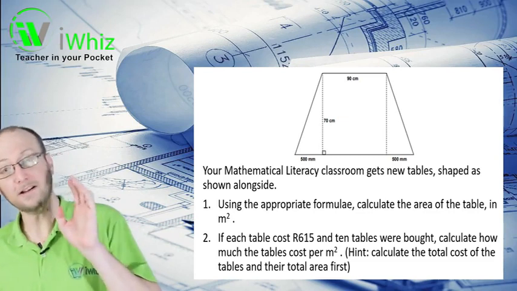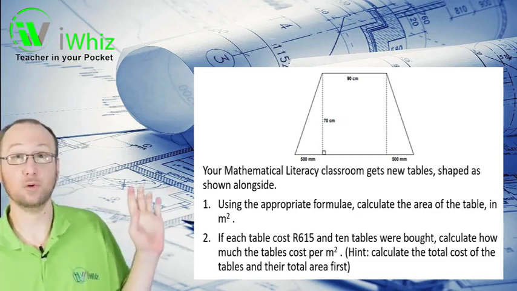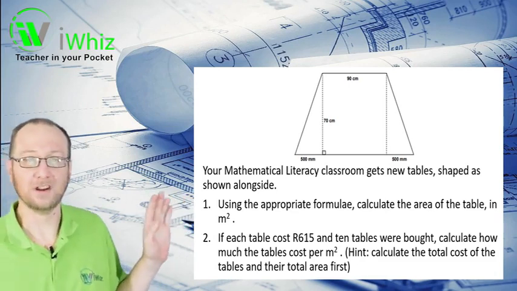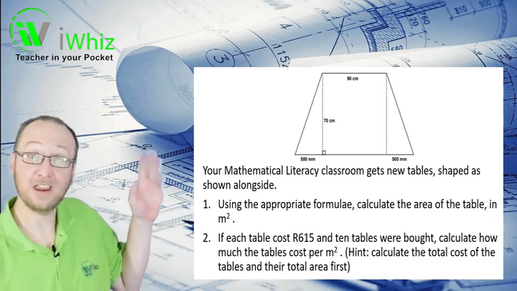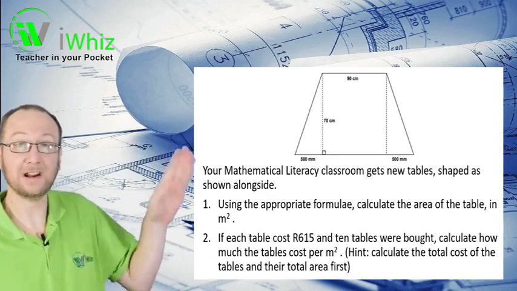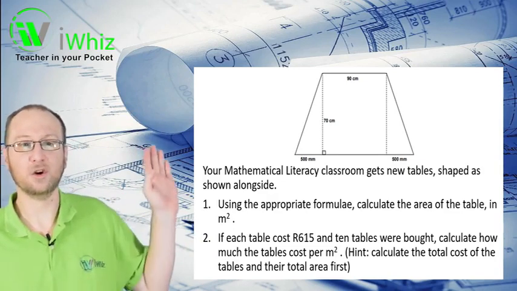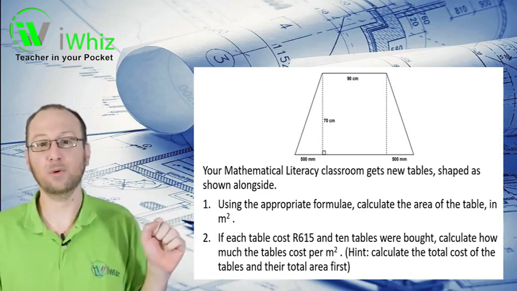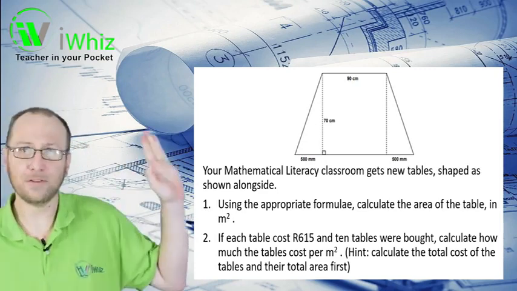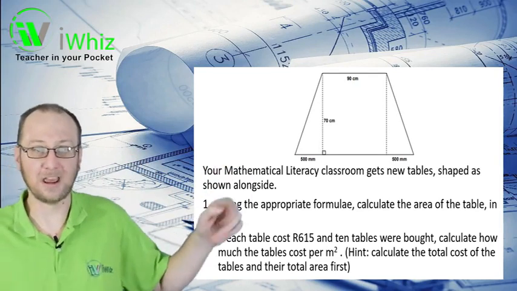Okay, so let's do the first part and use our formula to calculate the area of one table. Now, as you can see in the diagram, the table is made up of two triangles on the side and one rectangle. So we're going to find out the area of those two triangles, the area of the rectangle, and then add them together.